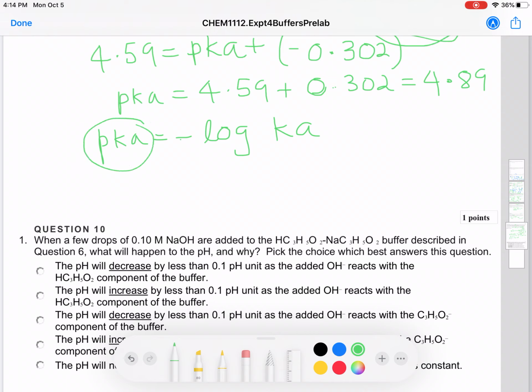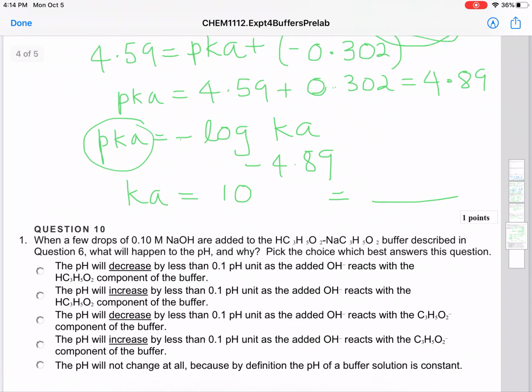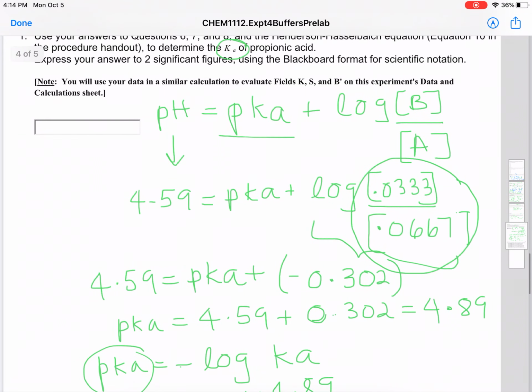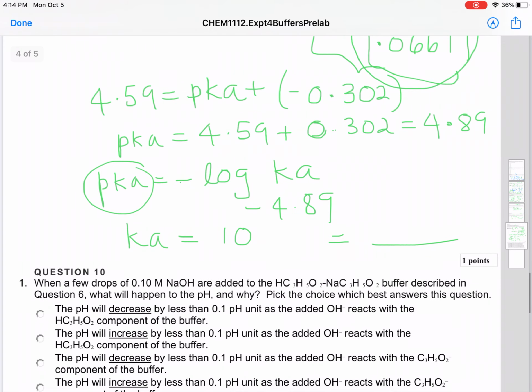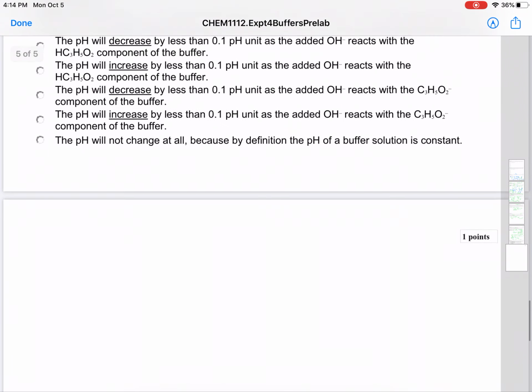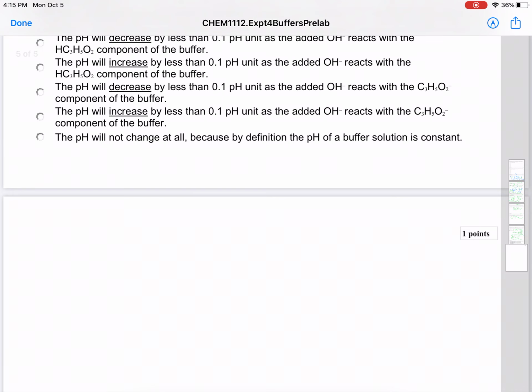How do you find the Ka? Then the Ka would be the antilog of 4.89. So you find this answer and write it down as your Ka for propionic acid, and you will answer that in two significant figures. So that's how you would do that calculation.